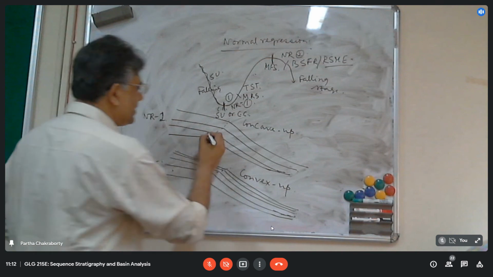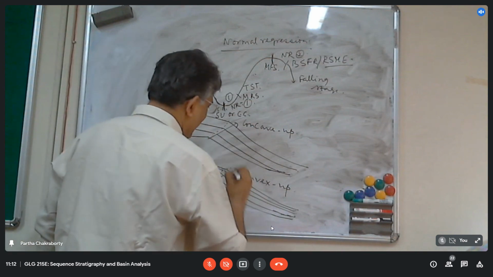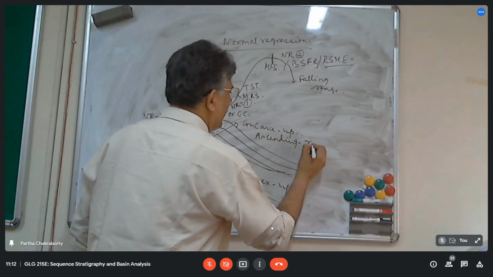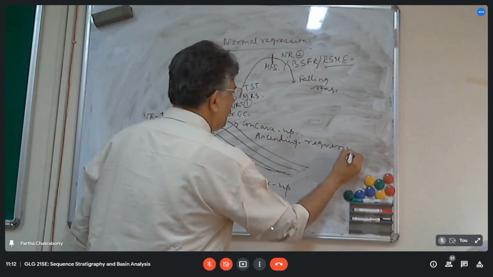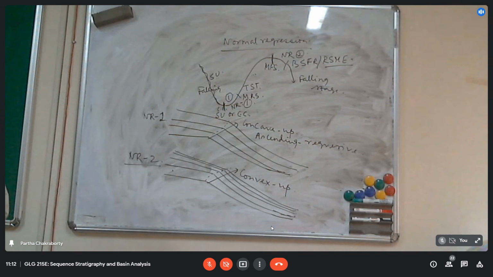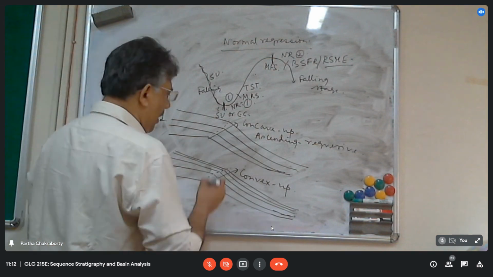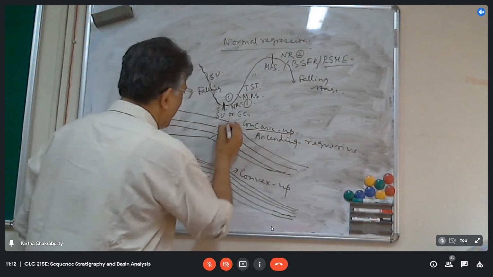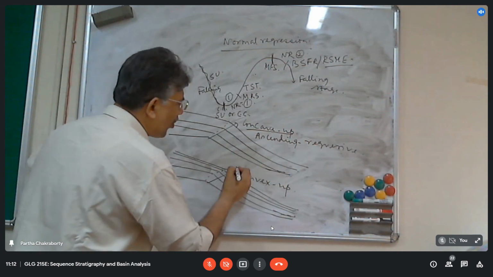In both cases, it is ascending regression. But in one case the profile is concave up, and in the other case the profile is convex up.